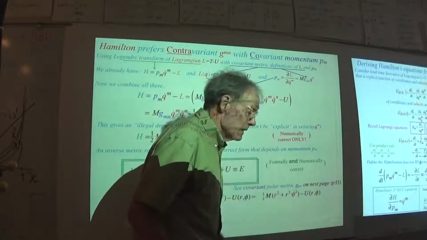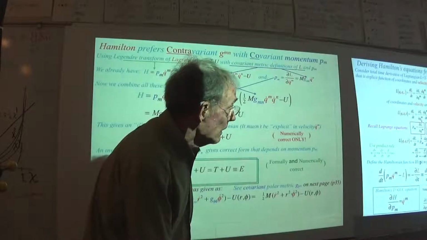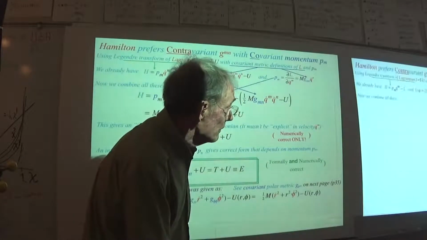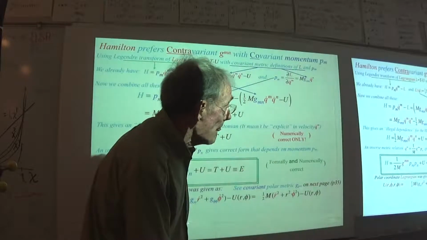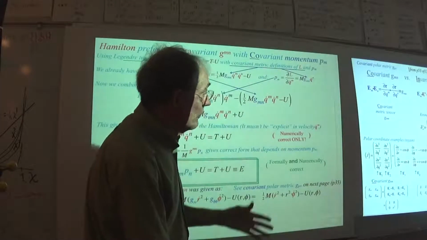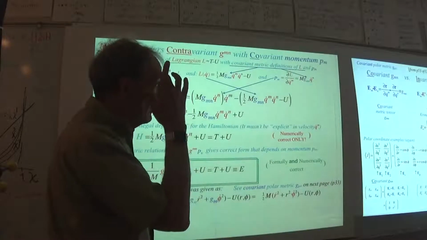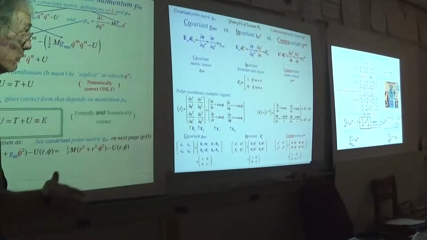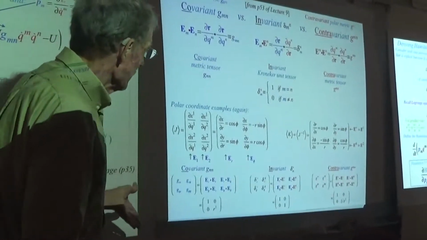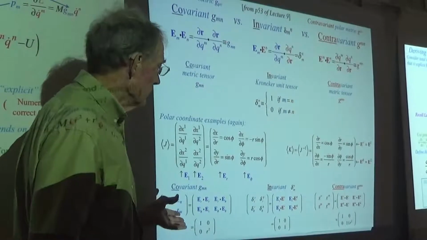I'm going to go ahead on this frame here and get that stuff up front. These are the quantities that we're talking about that were involved in the algebra here for the polar coordinates. So you've got a covariant metric, it's diagonal.